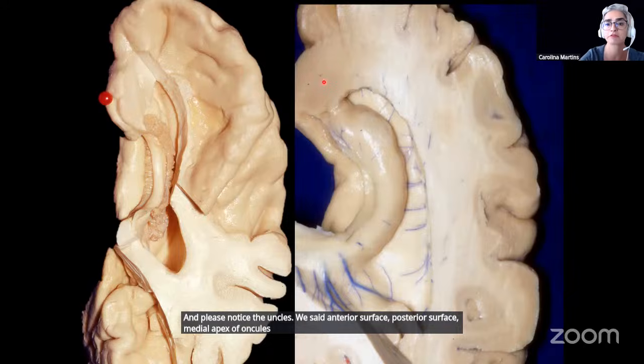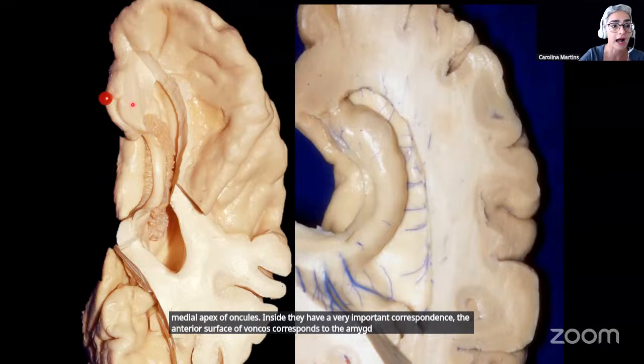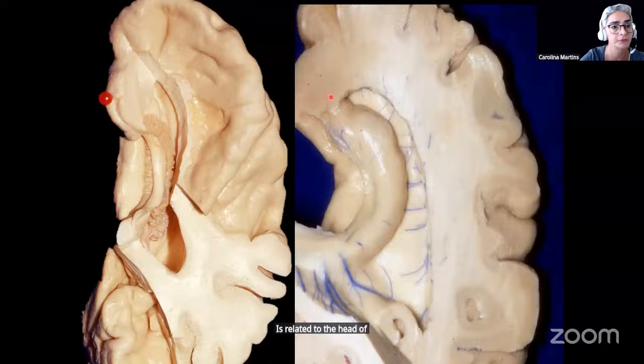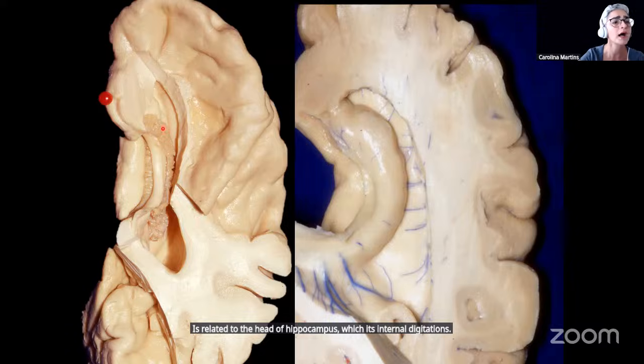Inside they have a very important correspondence. The anterior surface of uncus corresponds to the amygdala. The upper part of the posterior surface of uncus above the uncal notch is related to the head of hippocampus, with its internal digitations, while the lower part is a lip of the parahippocampal gyrus, as we have just mentioned.